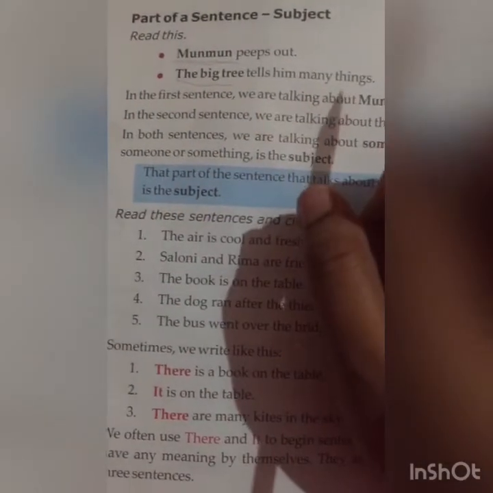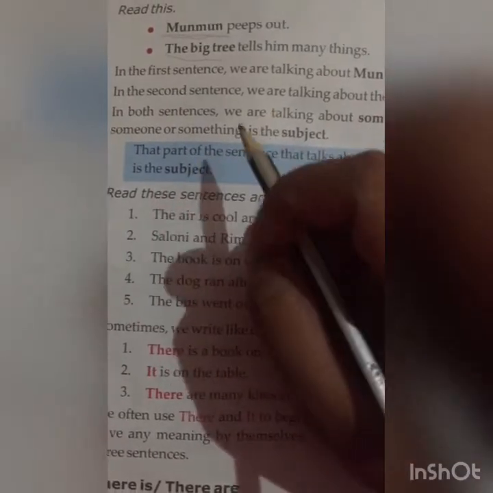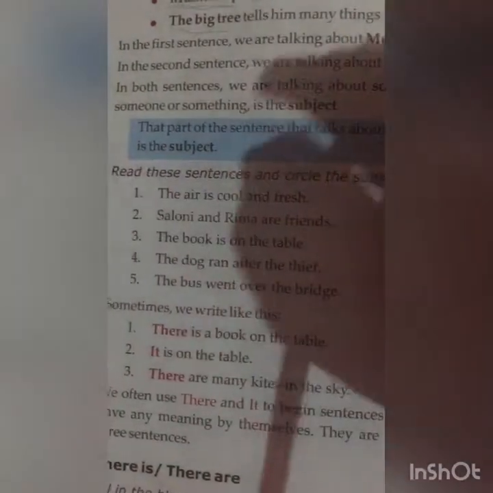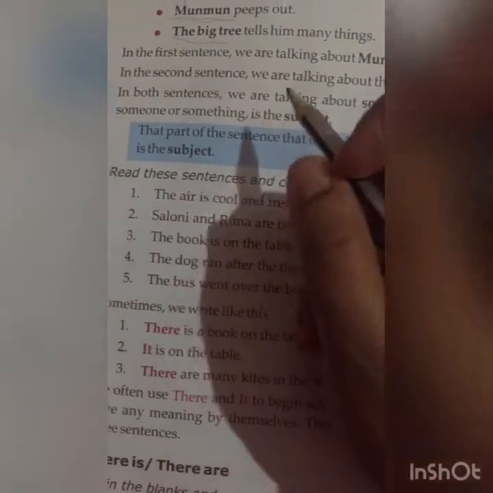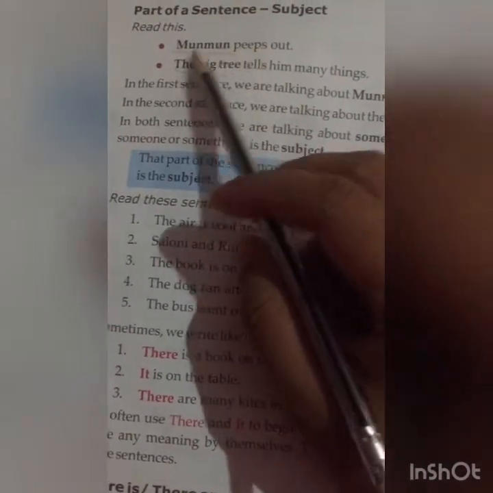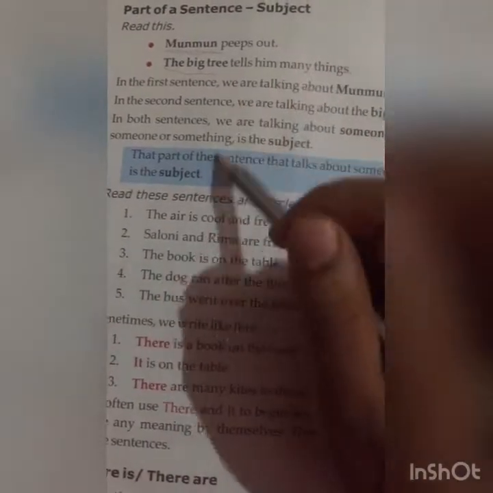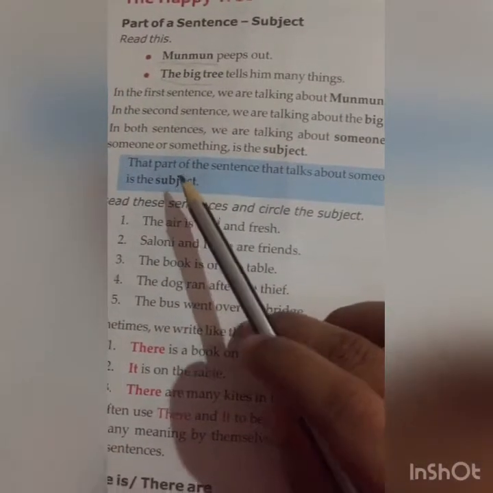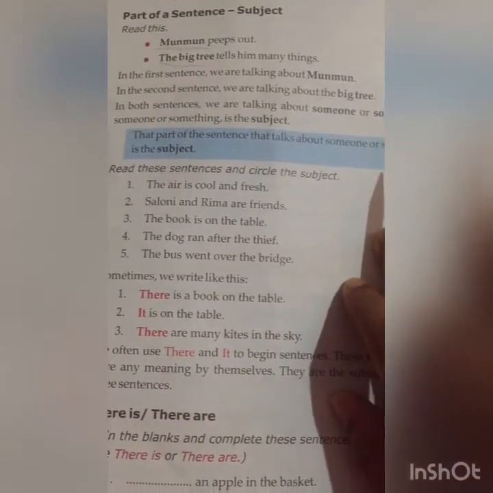In each sentence, there will be something we are talking about, and that something or someone is the subject of that sentence.